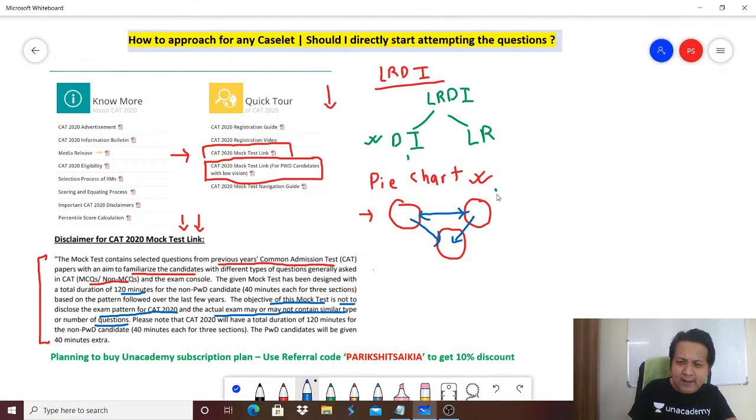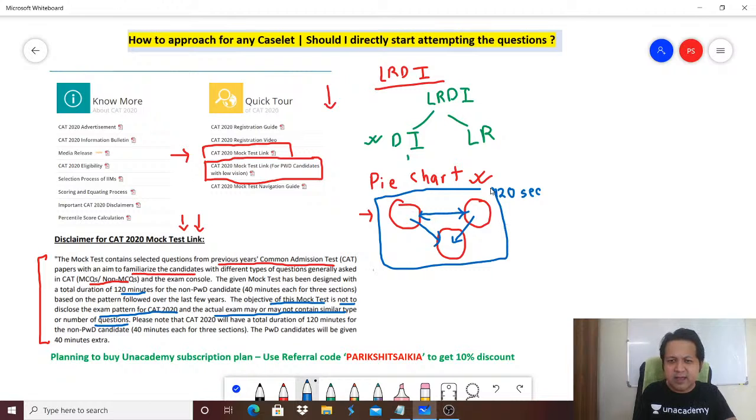Spend probably 120 seconds, which is 2 minutes, understanding the data here. It could be a pie chart, it could be a bar diagram, it could be any sort of graph. Spend 2 minutes or 90 seconds or 60 seconds, whatever is required to understand the data. That is very, very important.